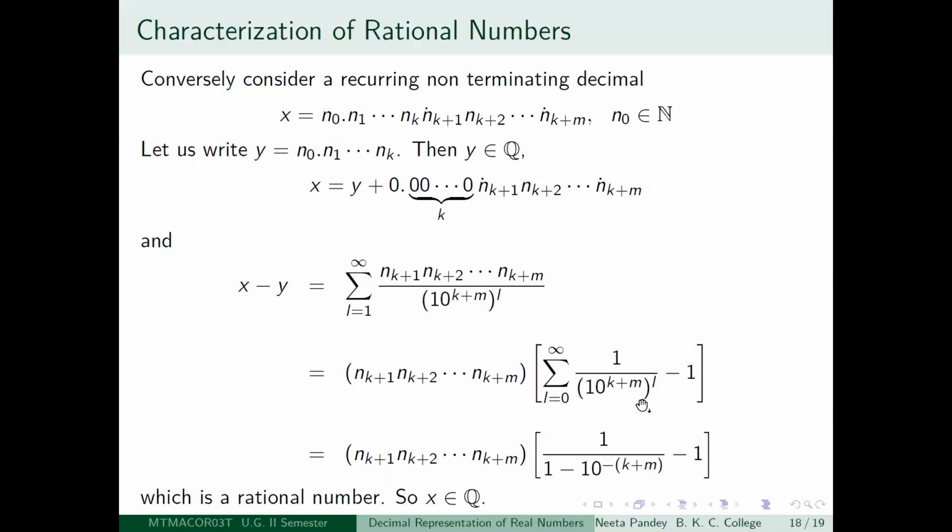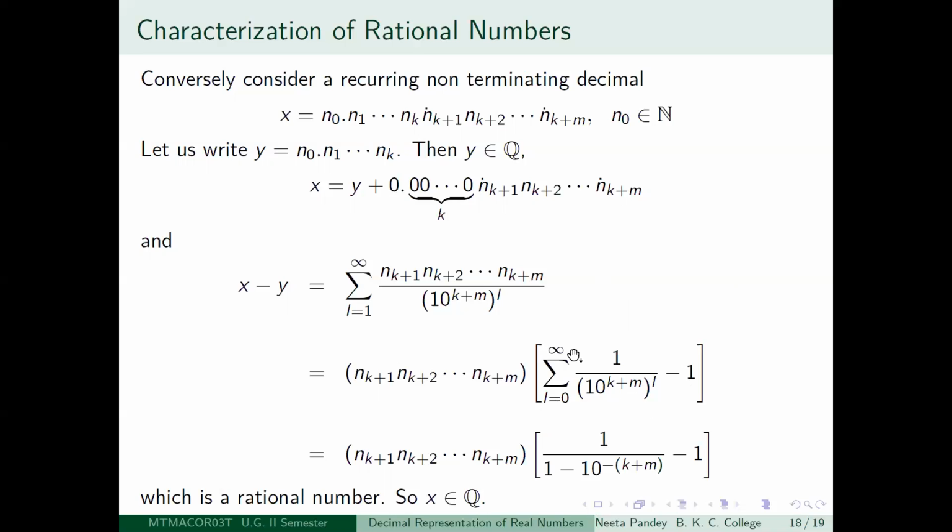Now 1 by 10 to the power k plus m is also a number between 0 and 1. Why will I get a minus 1 here? This series was starting from 1 to infinity. So if I start from 0 to infinity, that means I am adding a 1 here. To the power 0 means you'll get a 1 here. So you also subtract 1. That is why you have got a minus 1 here.